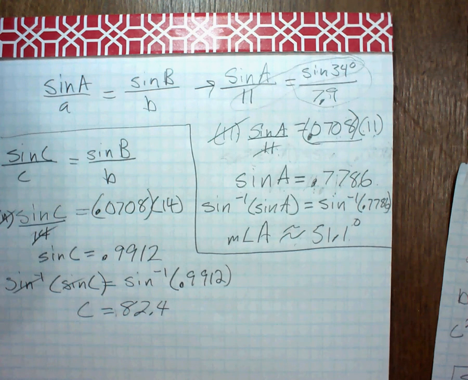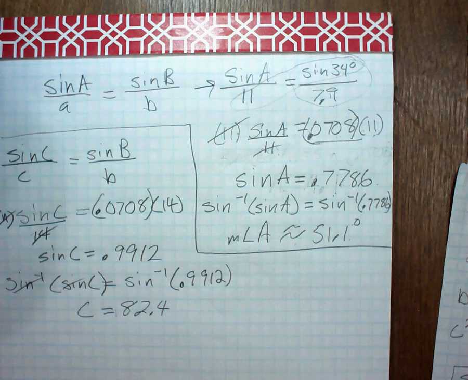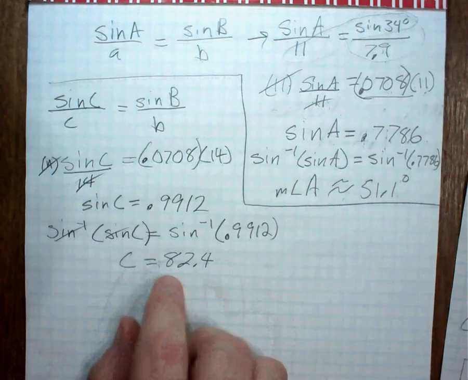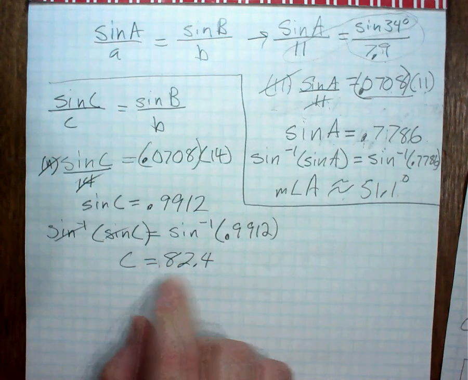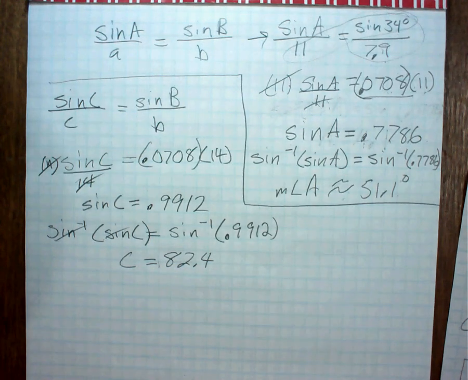I'm going to say, sine of B. So I'm going to double check our work. This should be just a tad higher. So I just want to see where I made my mistake. So 0.0708 times 14. That's right.